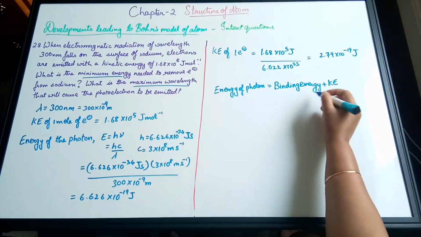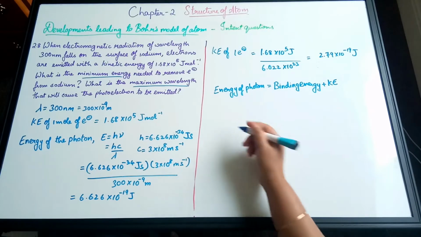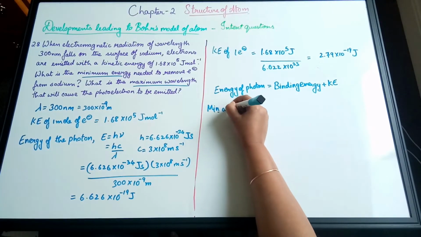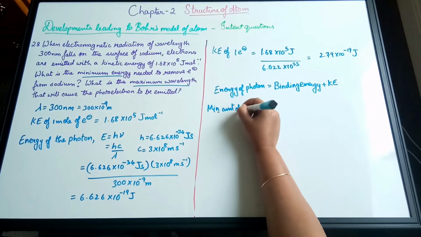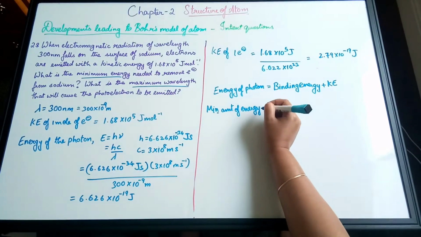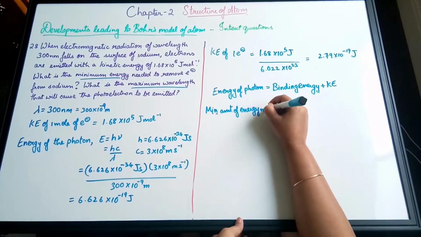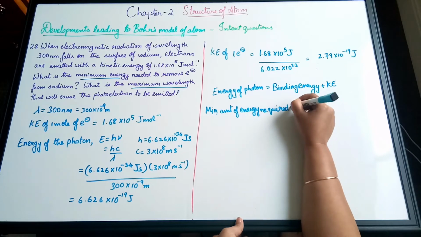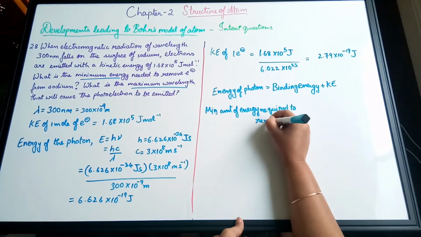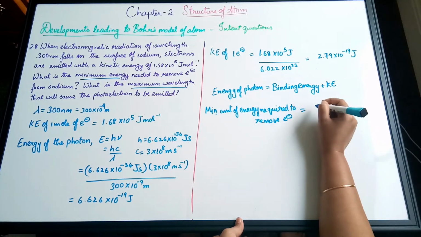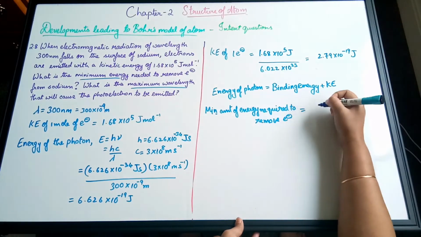So the binding energy is basically the minimum amount of energy required to remove an electron. And this is equal to, basically we are subtracting the two values.